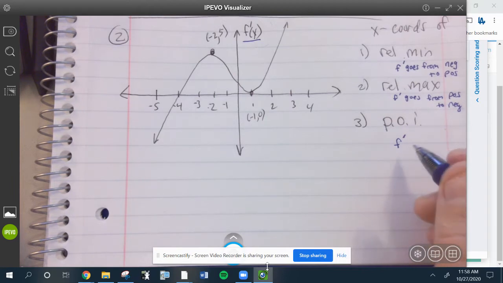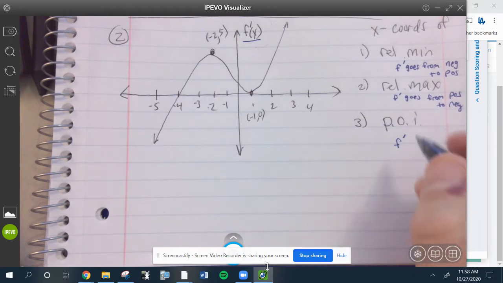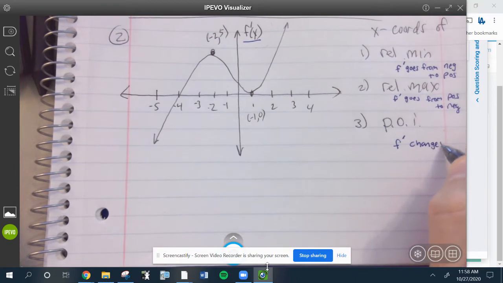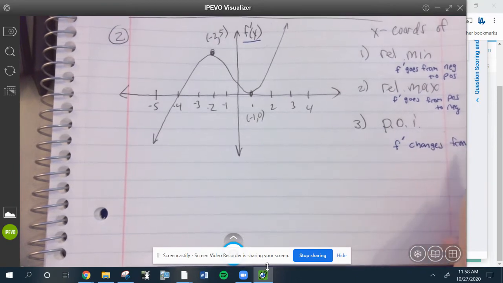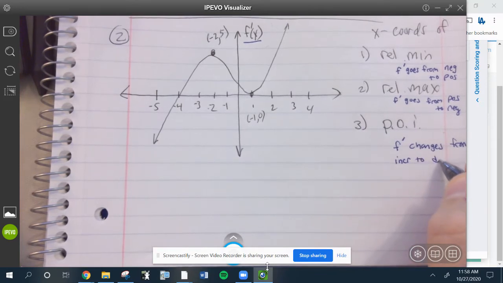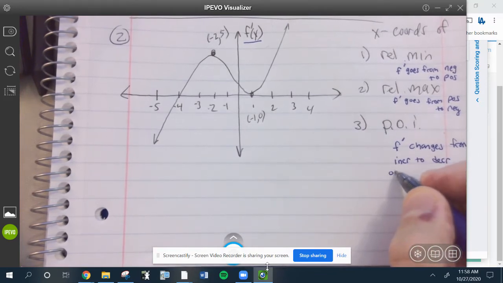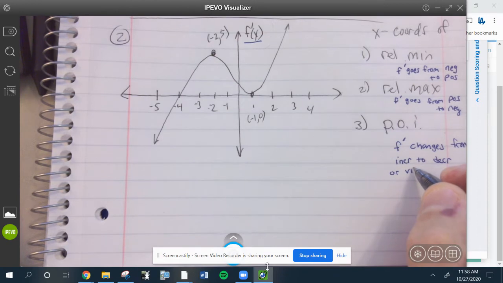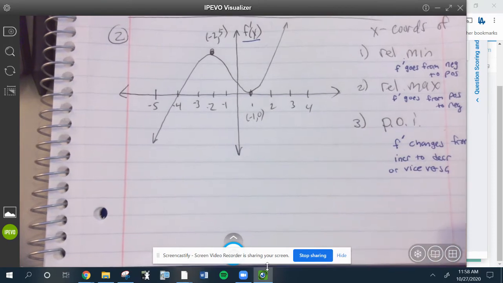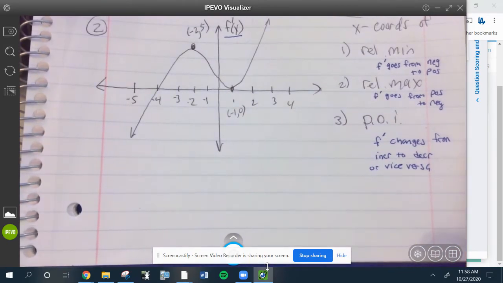So a point of inflection always happens when the derivative changes from increasing to decreasing or vice versa. So those are my justifications. The answers are going to be easy now.